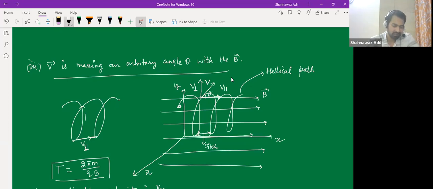Okay, and if I ask you, when the pitch is zero, what would be the path of that charge? What would be the trajectory of the charge? Think about it and tell.